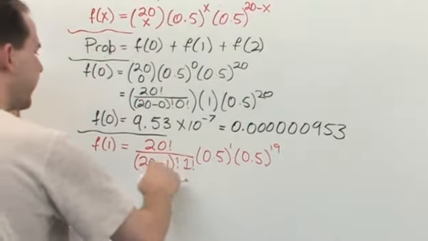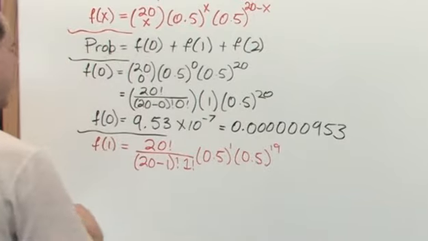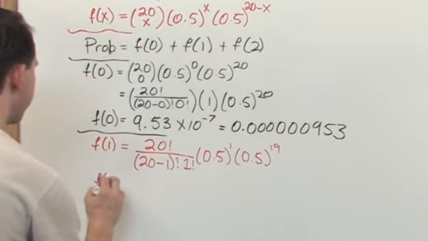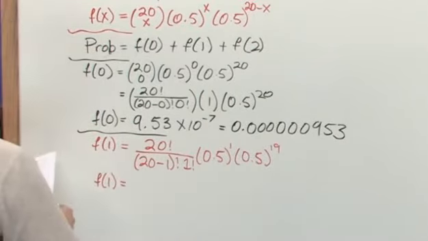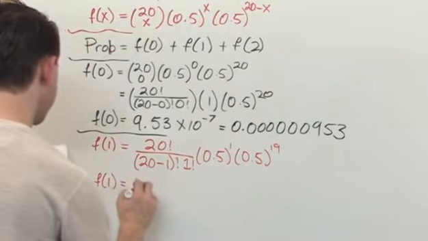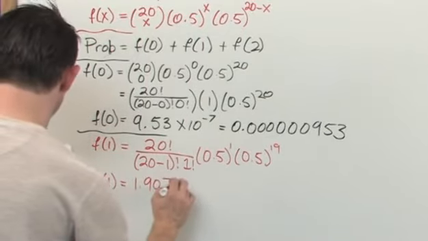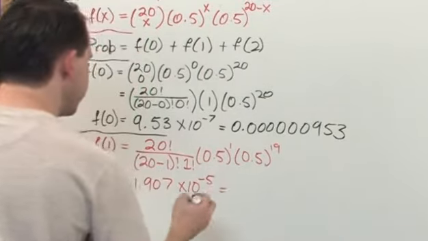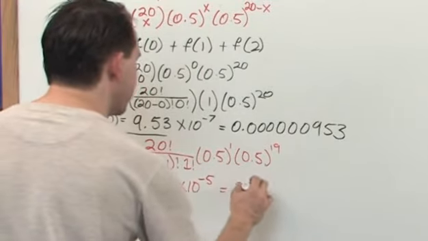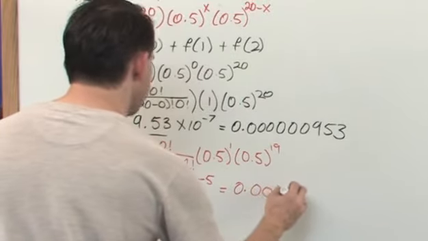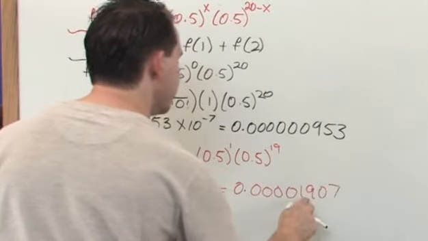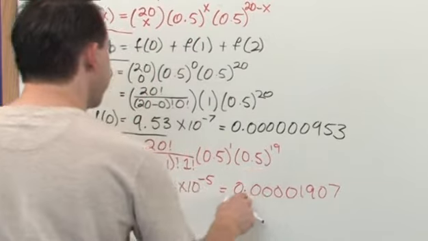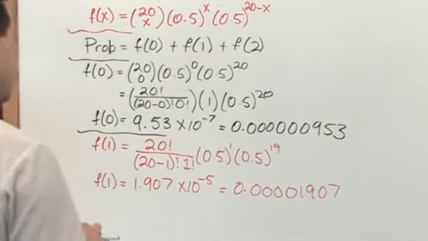And when you do all this factorial and you multiply by all this stuff here, the probability of hiring 1, and only 1, is 1.907 times 10 to the negative 5, which again, if you're not comfortable with scientific notation, is 0.00001907. There's 5 decimal places I moved in front of there, okay?